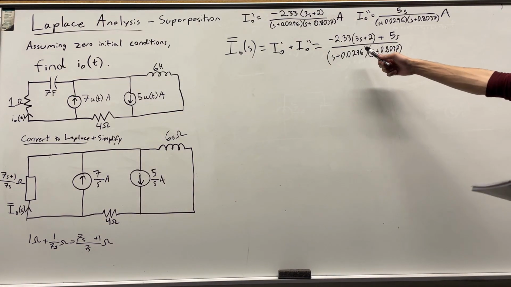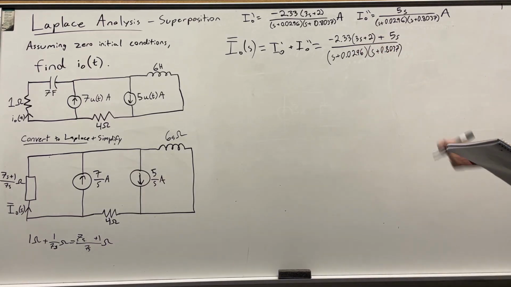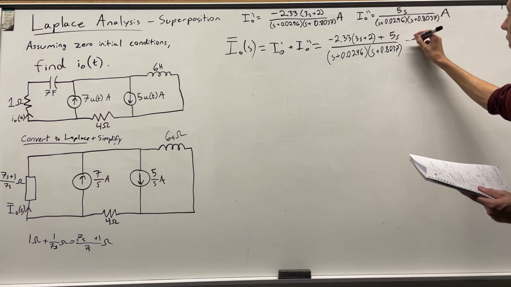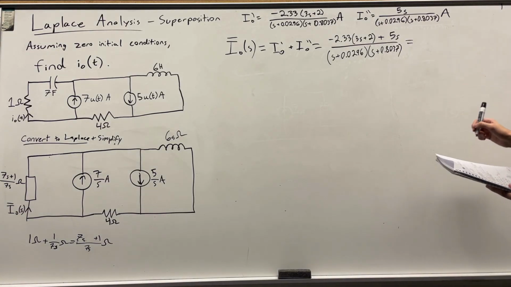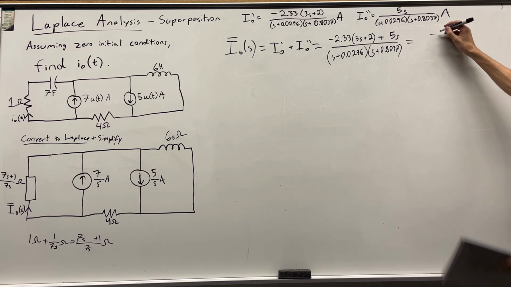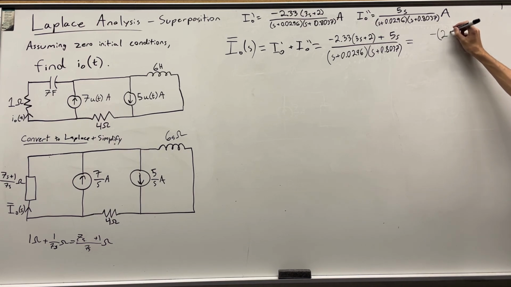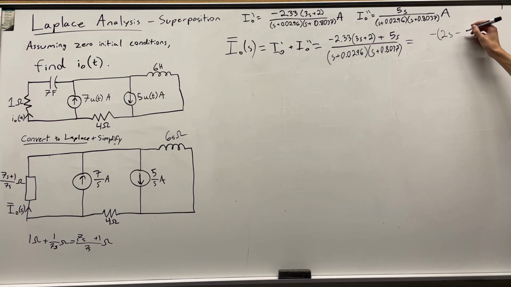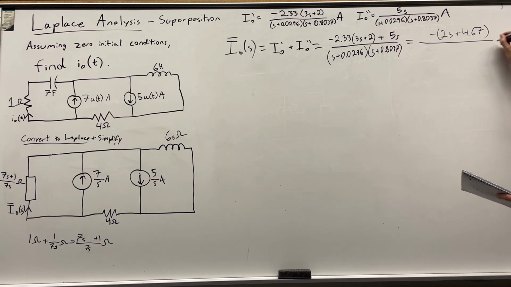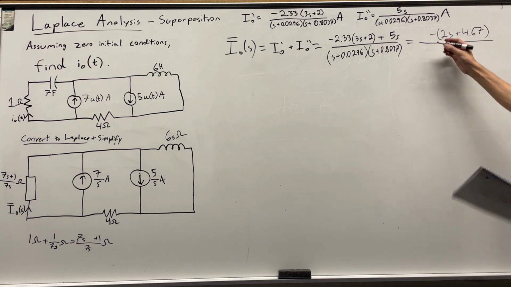And then if you expand this part and then add the two terms in the numerator, it comes out to be negative 2S plus 4.67 over the denominator, of course.